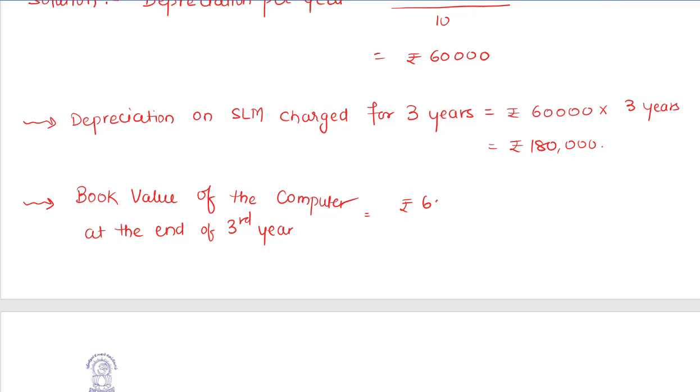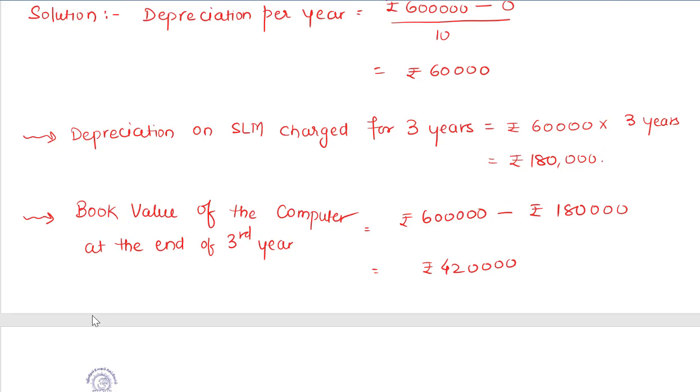So cost was 6 lakh, depreciation till date is 1 lakh 80,000. So book value is 4 lakh 20,000. I believe it is absolutely clear. Let us move ahead.